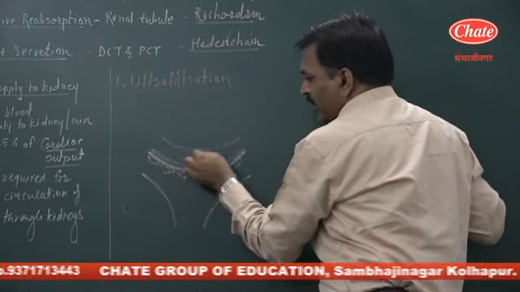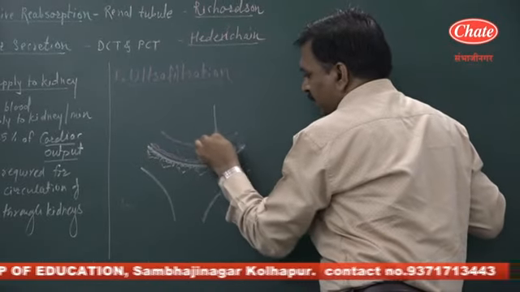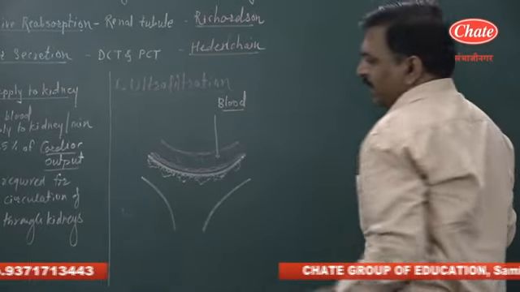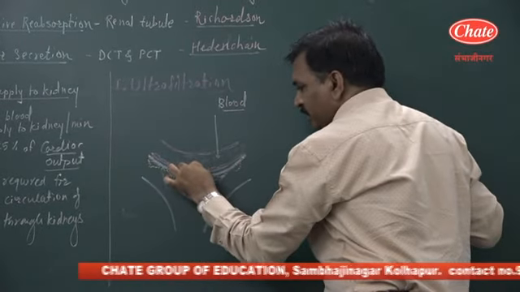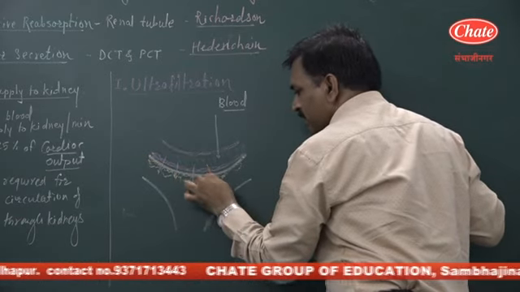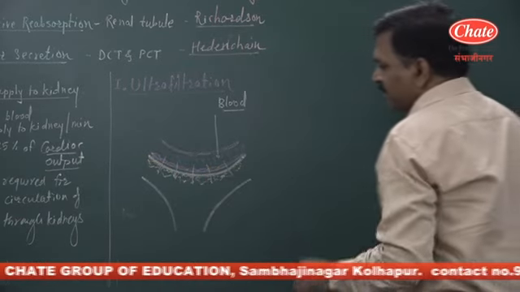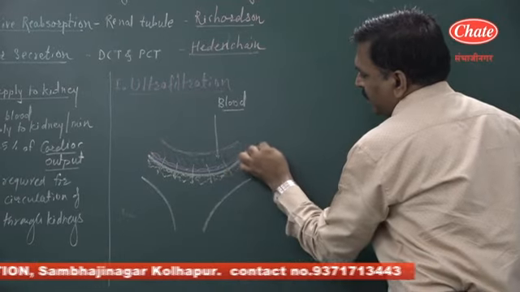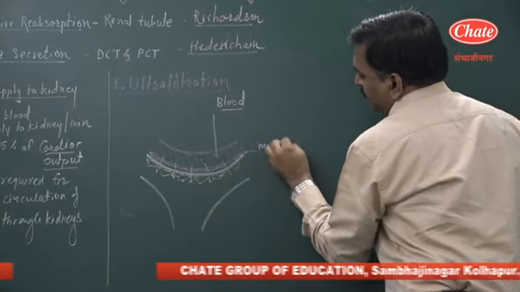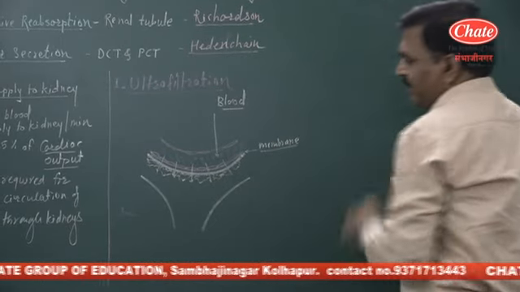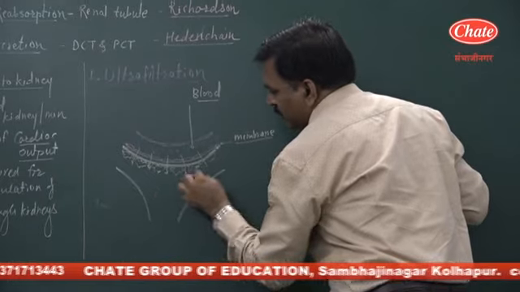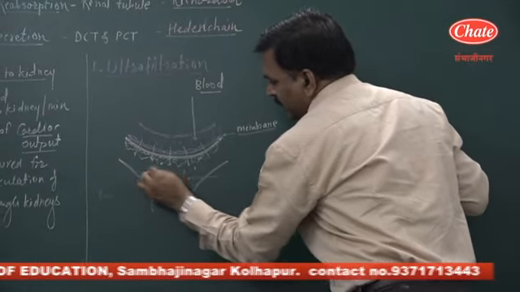This glomerular capillary contains the blood, and this blood gets filtered out through microscopic pores, through this membrane, the membrane through which ultrafiltration occurs.